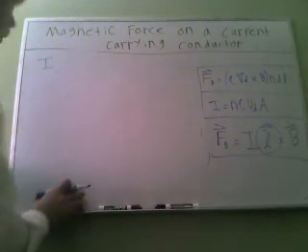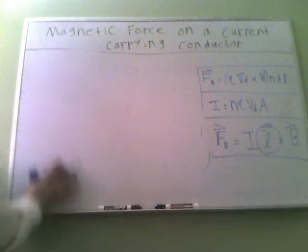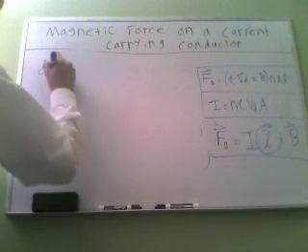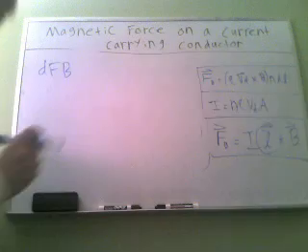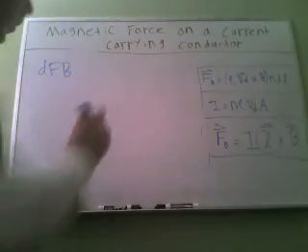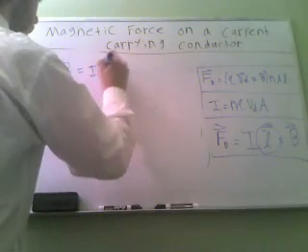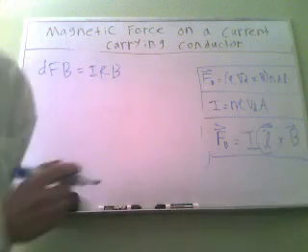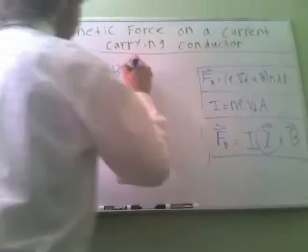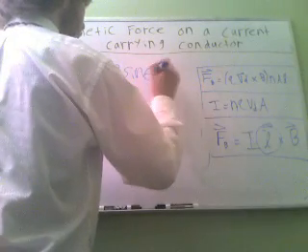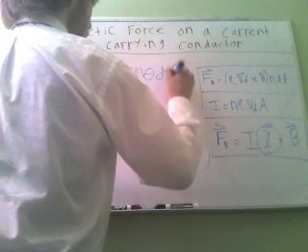our fragment of a force on an individual little small piece is dF_B, so this is the force on one of those small pieces I've been describing, equals I R B times sine theta d theta.